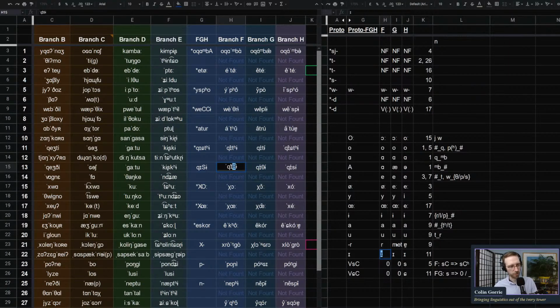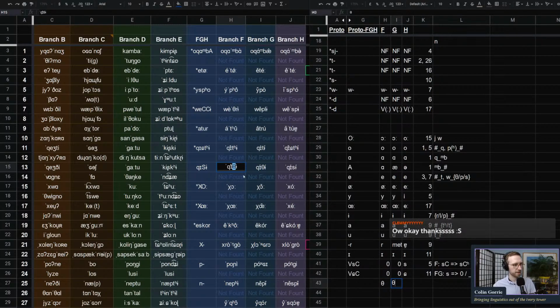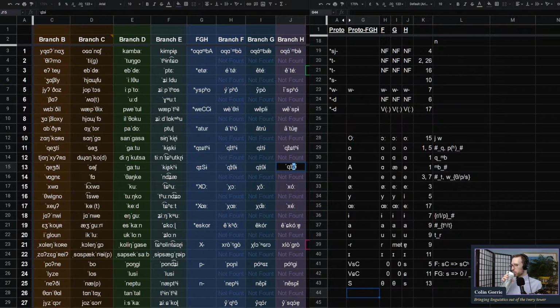Let's make a row for it though. So we have th, s. And we have reconstructed this as S, big S. Hydrate, stretch.